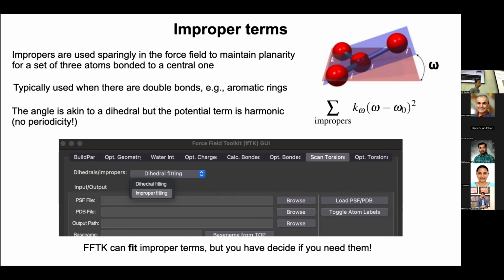Yeah. So there is an order in terms of these optimizations. For example, if you optimize charges first, the bonds can go somewhere else. If you optimize bonds first, that will influence your charges. So is there some implication? That's a great question.